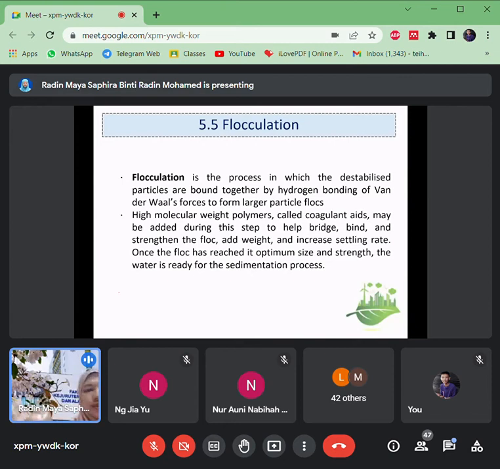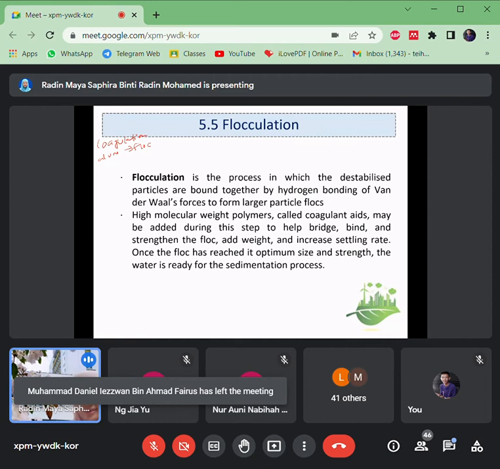Before this flocculation, what is the process? We call it coagulation. Coagulation means we add alum in the water to make it flock. In this process, the flock becomes bigger.